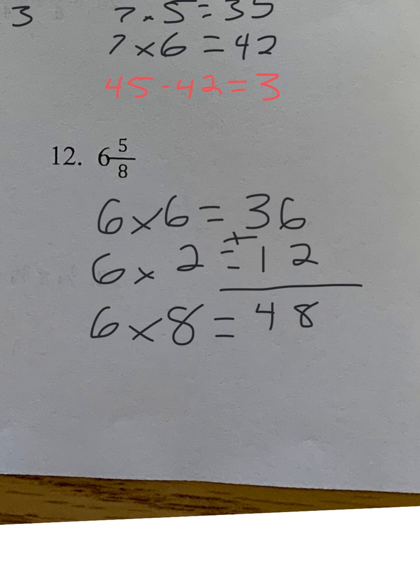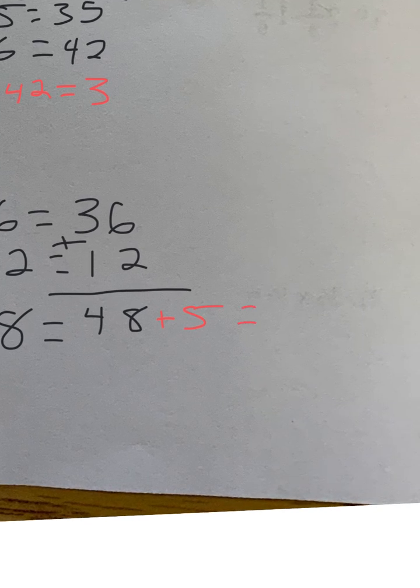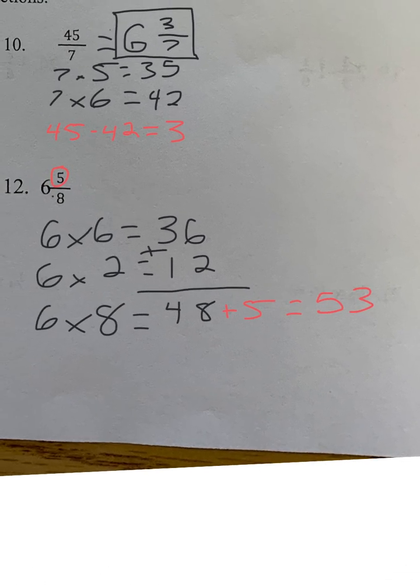So 48 plus this 5 right here is going to equal 53. This means that I have 53 pieces in total colored in of pies that are cut into 8 pieces each. I'm going to write it up here, 53 over 8.